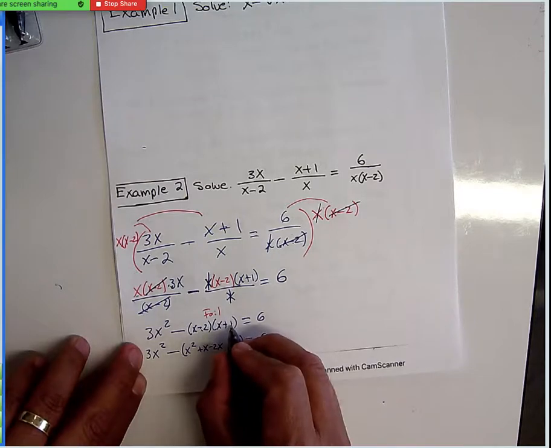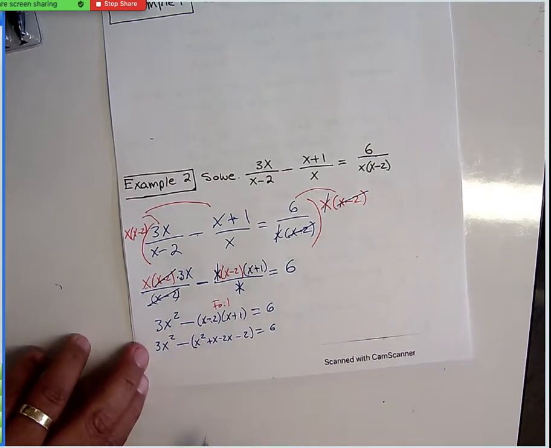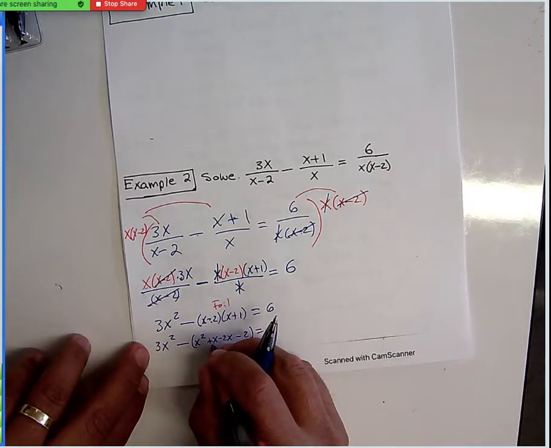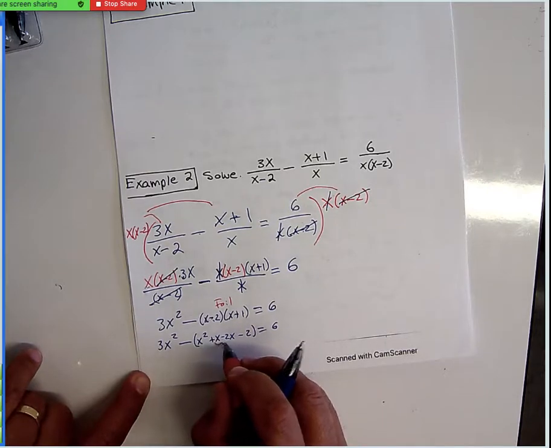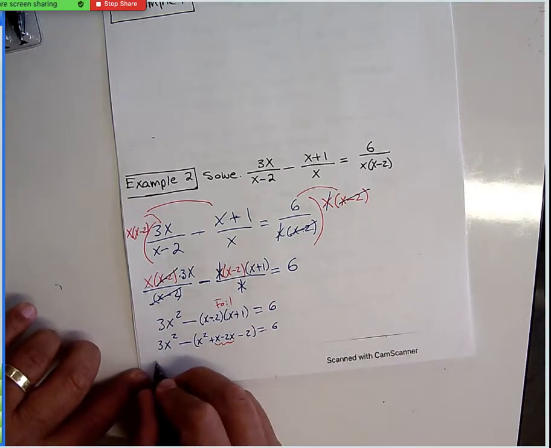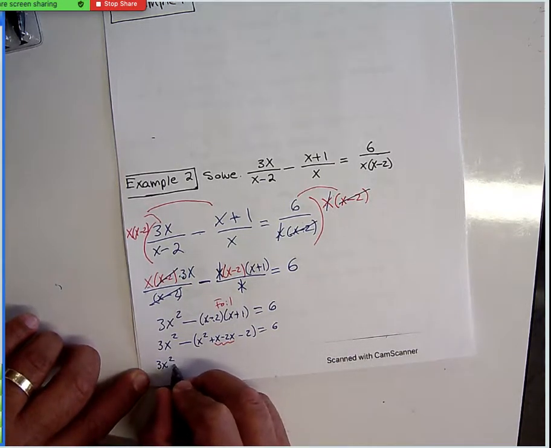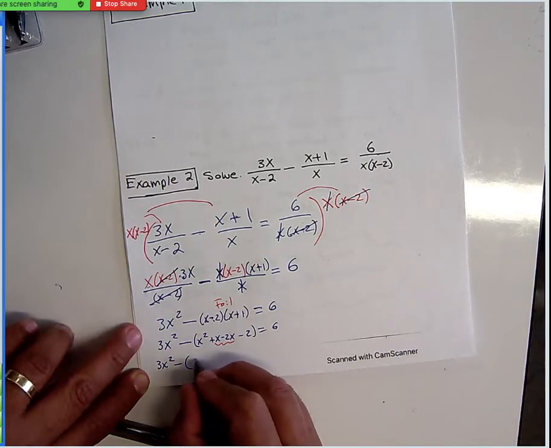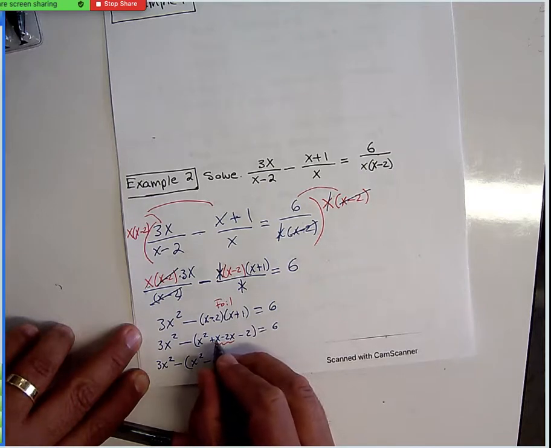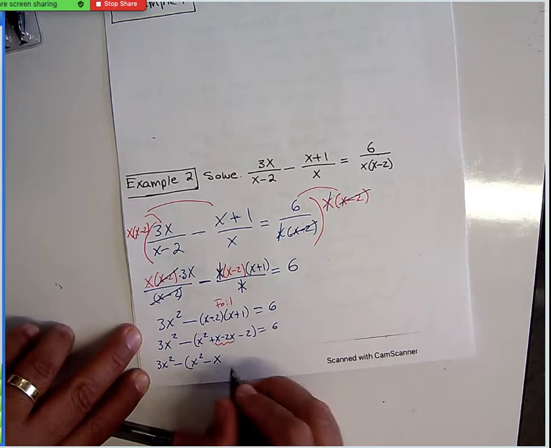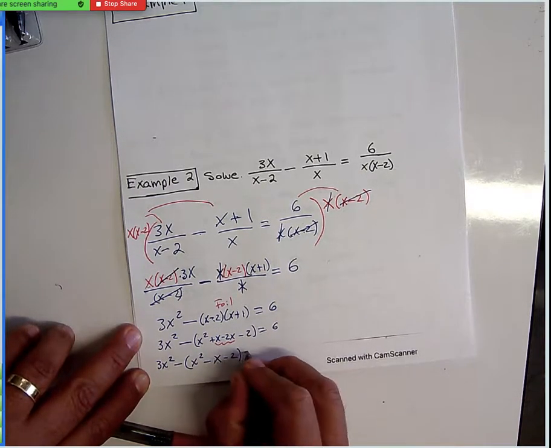Negative 2 times positive 1 would be negative 2. Now combine like terms. Combine these two. Positive x minus 2x gives you negative x.